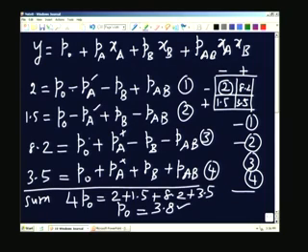If I multiply by minus, this becomes minus 2, this becomes minus P naught, this becomes plus P A, this becomes plus P B, this becomes minus P A B. When I multiply this by minus, this becomes minus 1.5, this becomes minus P naught, this becomes plus P A, this becomes minus P B, this becomes plus P A B. And if you look at the column sums, excepting this column, all other column sums will be 0 when I add these things.